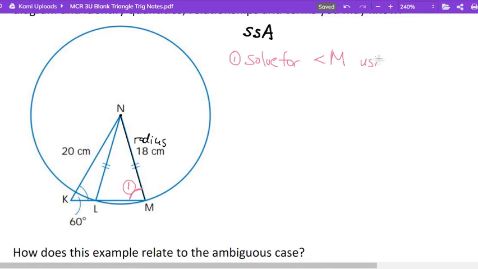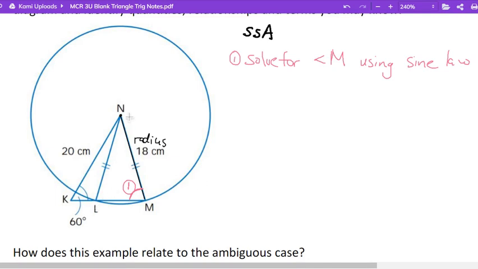Good. What could we solve for then? What name that angle? I'm not sure which angle you're talking about.